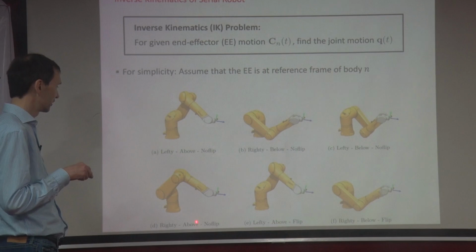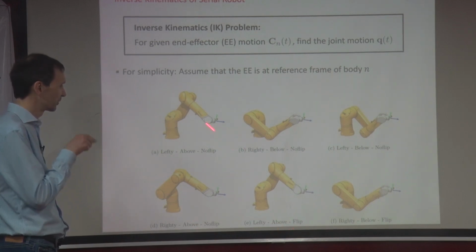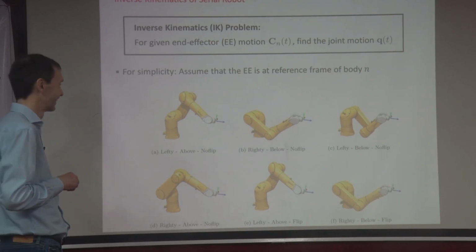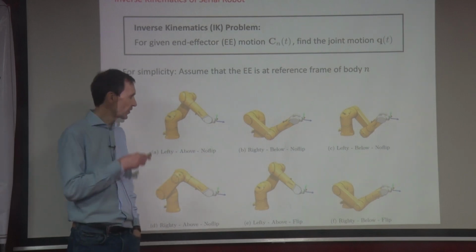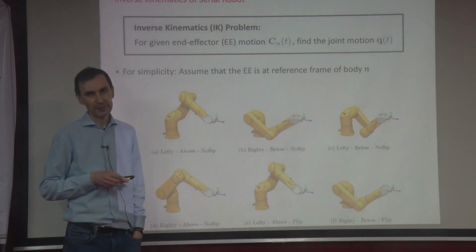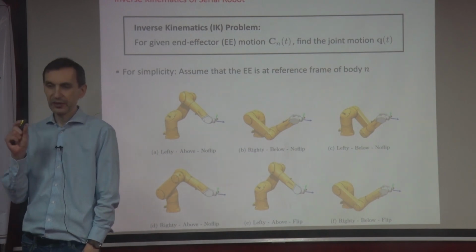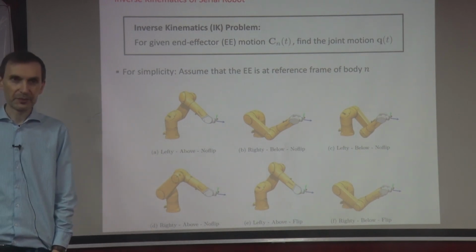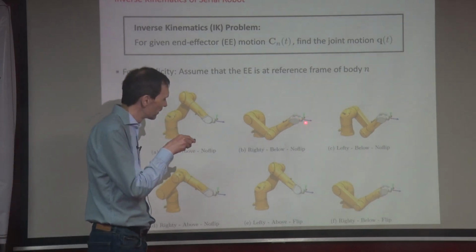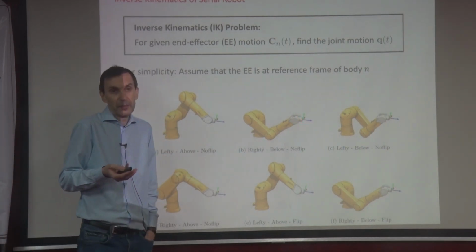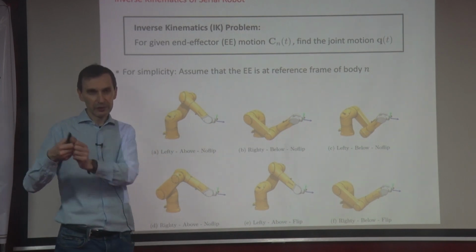Non-flip or flip? This one or that one? In the end, it is not a good idea to just look at one configuration, because your robot is doing a motion, and when you are starting here, it might be a good idea to start there, because the question is, are you reaching a limit?